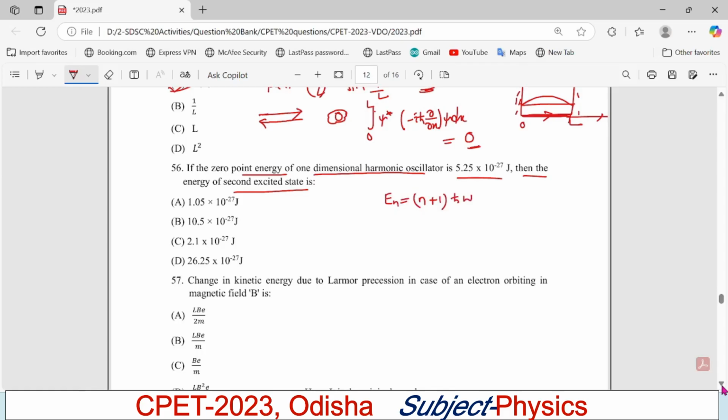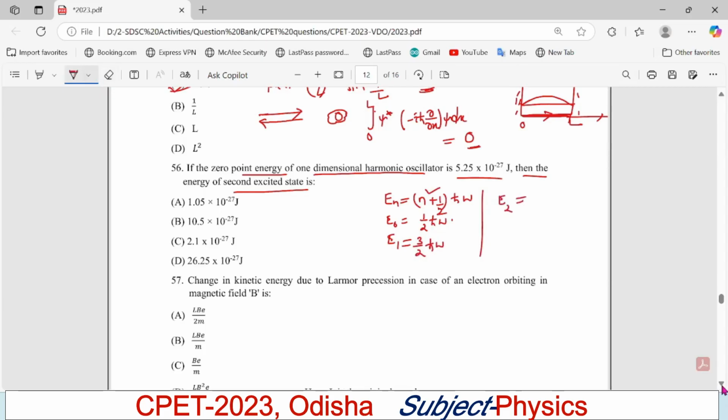So for zero point energy, that means for n equal to 0, E0 equal to half h cross omega. E1 will be equal to 3 by 2 for n equal to 1. If I put n equal to 1 over here, this will be 3 by 2 h cross omega. E1 is 3 by 2 h cross omega, right?